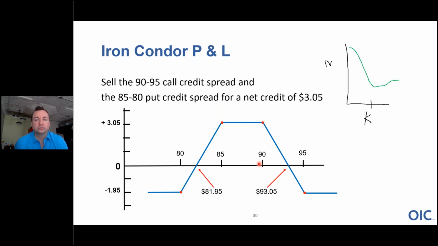Let's see, Rafael asked the question, would volatility skew influence the decision to pick a put or a call spread, long or short, and how? Well, I think the direct answer is, if you are looking at volatility and you're concerned about volatility skew, the answer is yes.